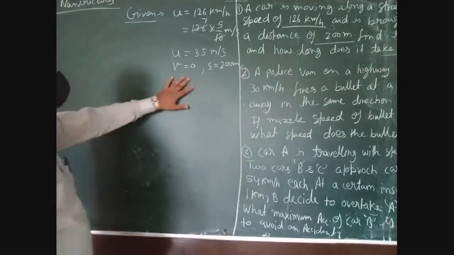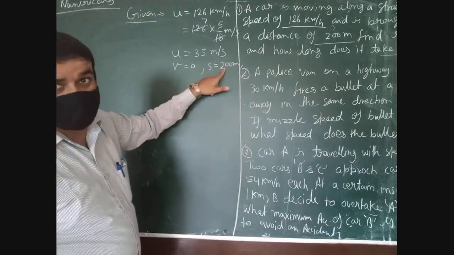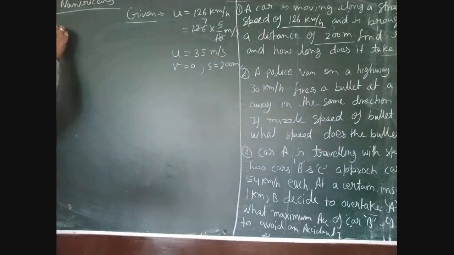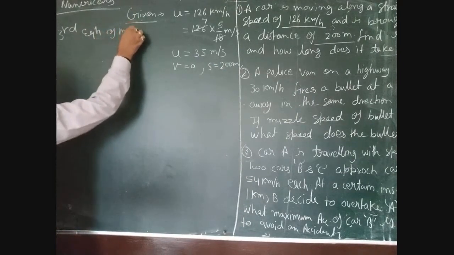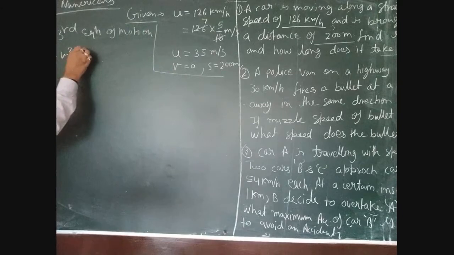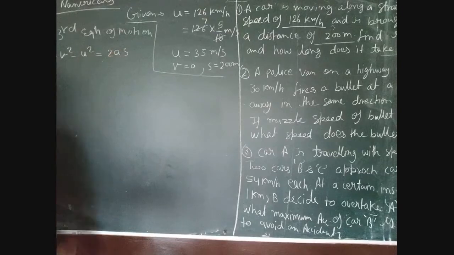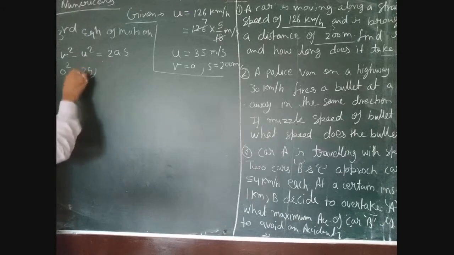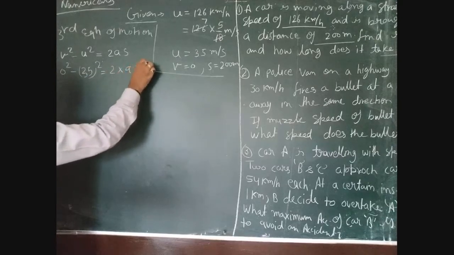Now we have initial velocity, we have final velocity, and we have the displacement. So first, third equation of motion, we have v square minus u square equal to 2as. Okay, v we have 0, u is 35 square, and 2 into a, need to calculate, and 200 meter.